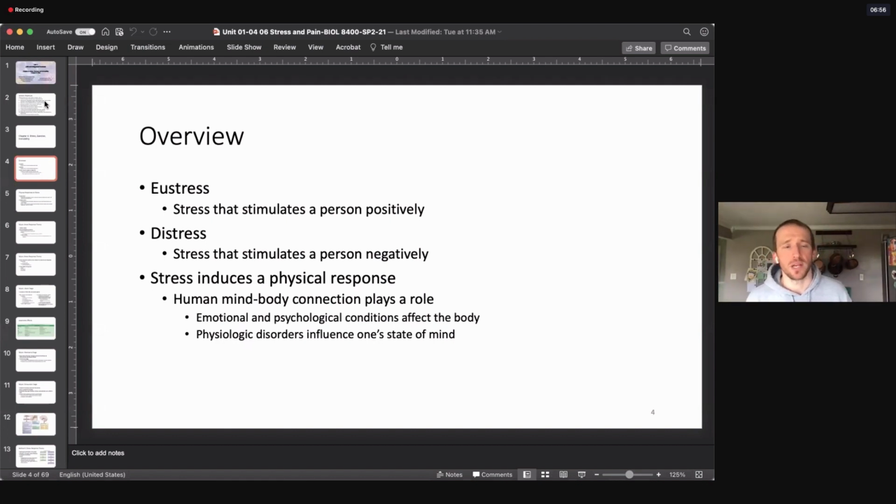And if you think evolutionarily, what this means is a stress to a Neanderthal would have been a saber-toothed cat or whatever. There would have been a threat. And so the body is conditioned to do one of two things, either flee or fight. And they both require kind of the same promotion of it.